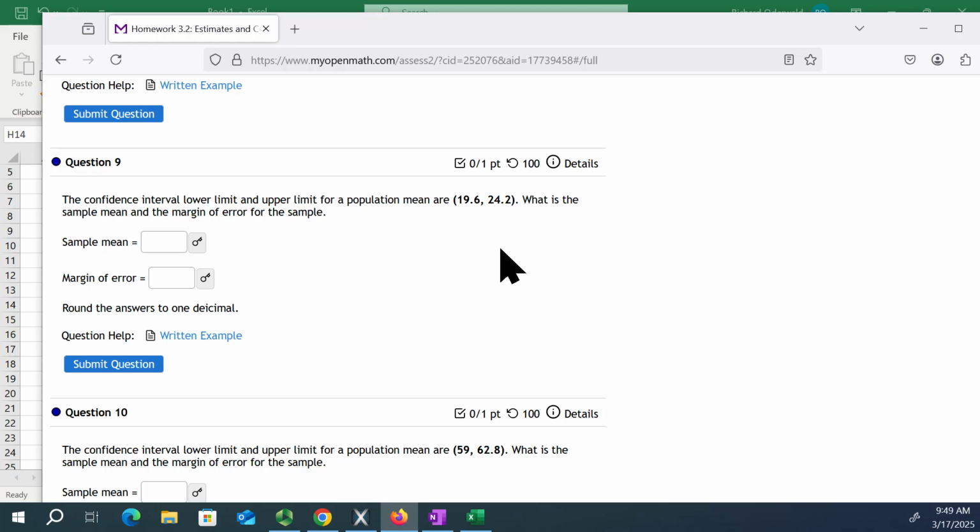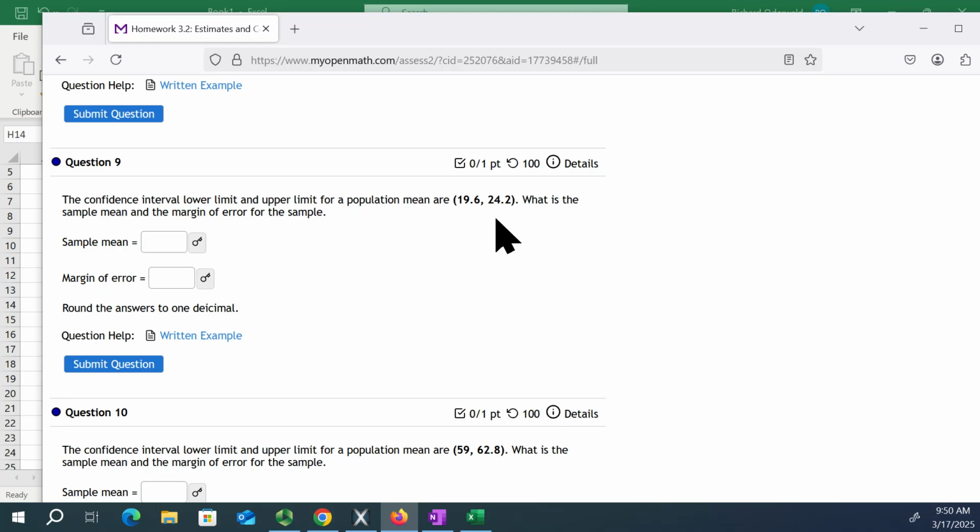This is important when you're reconstructing something, which is usually more difficult than making it in the first place. But this, 19.6 to 24.2, if I average those, 19.6 plus 24.2 divided by 2, the middle of the interval is 21.9.